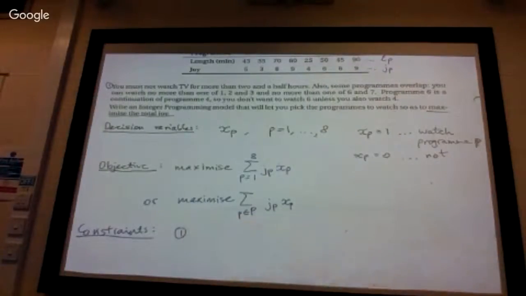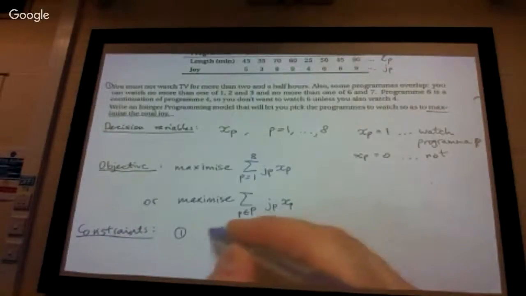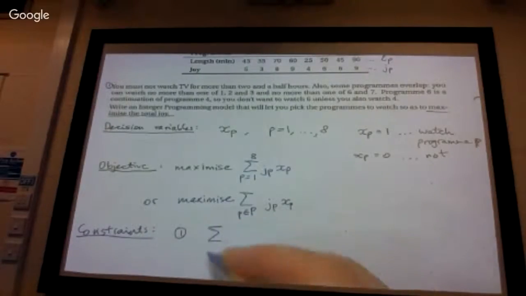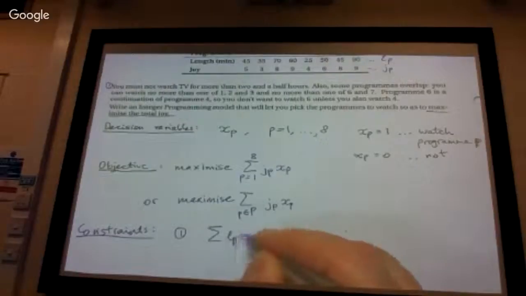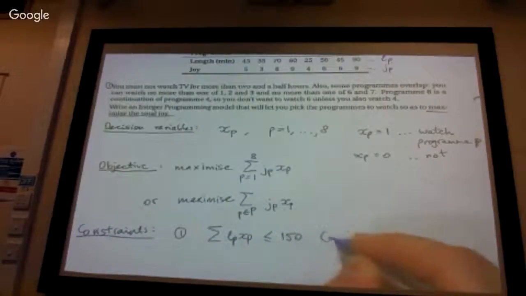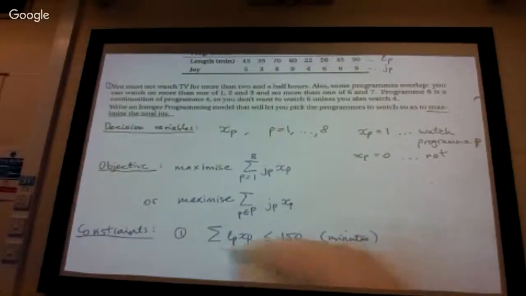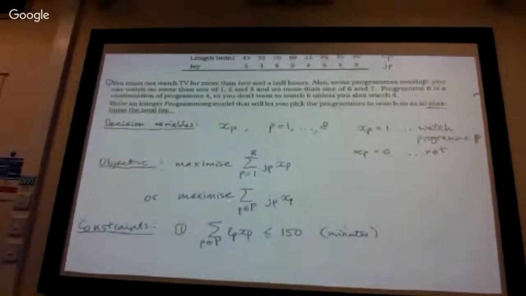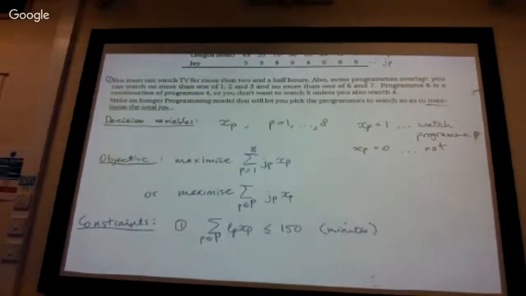So how would you write it? Sum over all P of LP XP less than or equal to 150. Yeah, 2.5 hours is indeed 150 minutes, if your L's are in minutes.